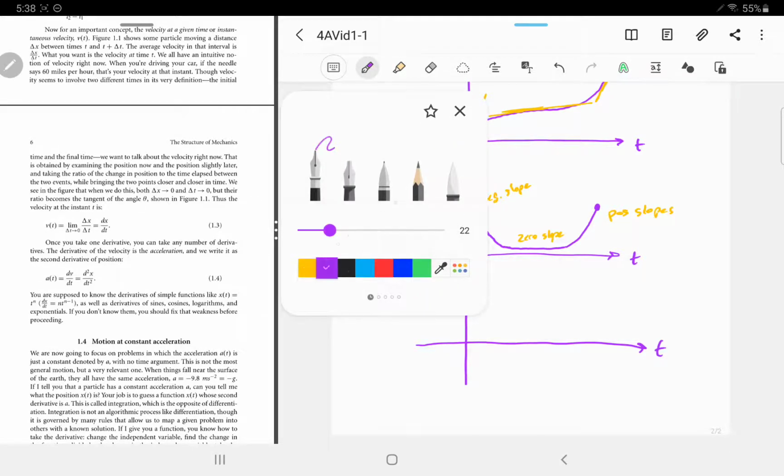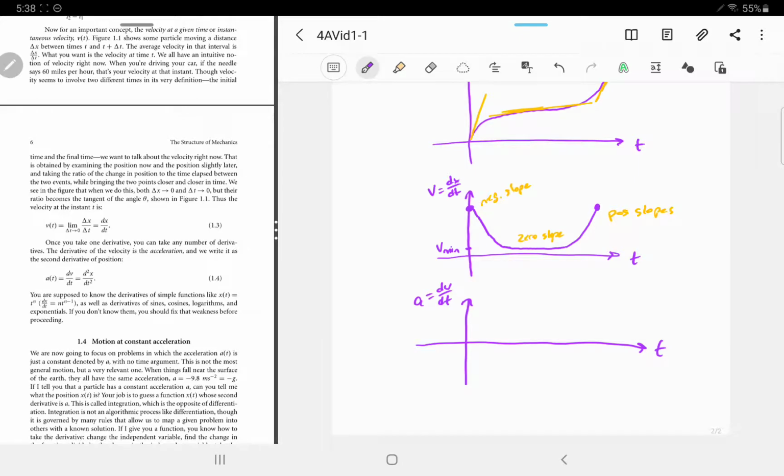So we need to capture that fact in our acceleration versus time graph. The slope is actually relatively constant right here, right? It's negative and roughly constant. So I'm going to start off at some negative value, and it's going to be roughly constant. And then we pretty quickly go to 0. We stay at 0 for a while, and then we go up to that positive slope for a little while longer. It's supposed to be even.